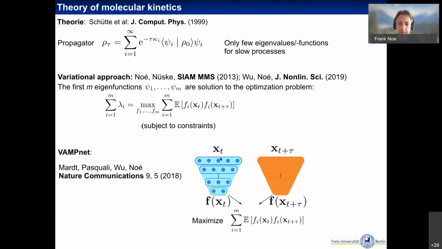But the point is that you use your trajectory data as an input. So you take trajectory points at x_t and x_(t+tau).